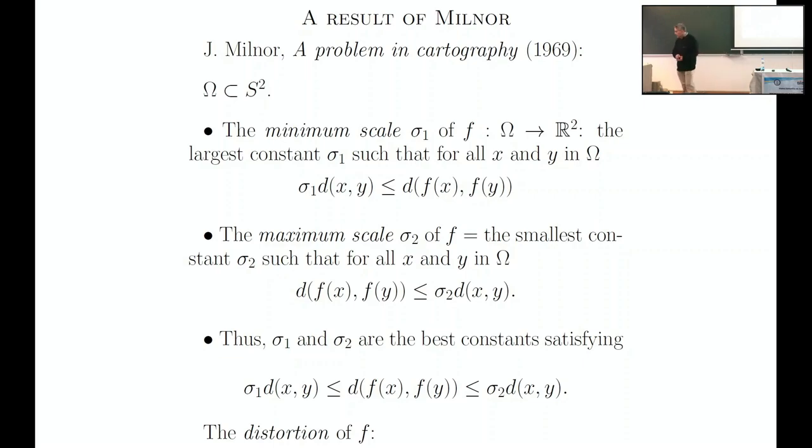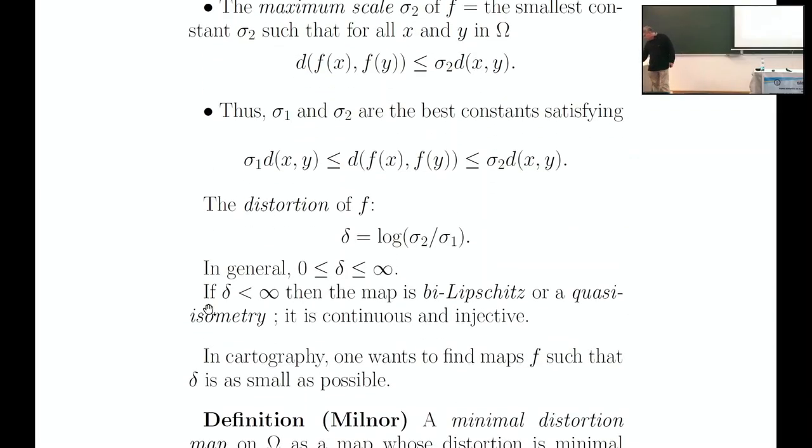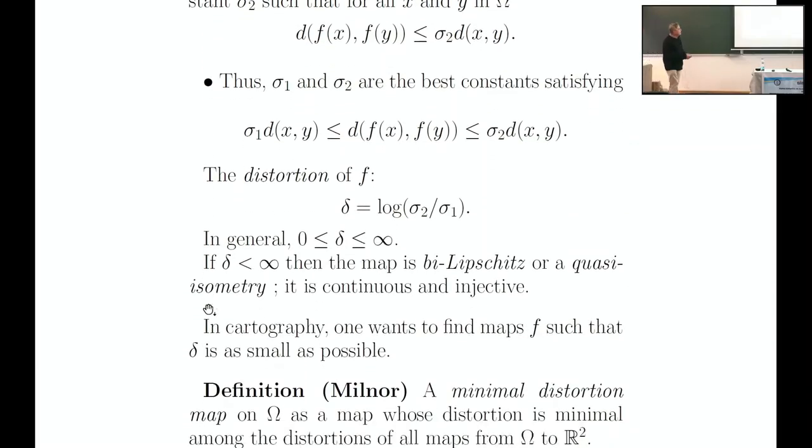And then the distortion of f, well, I could take sigma 2 over sigma 1, but I want to take log of sigma 2 over sigma 1, so that if sigma 2 is equal to sigma 1, which means that the map is an isometry, then the distortion is 0 and not 1. Okay? So this is the definition of the distortion in this paper.